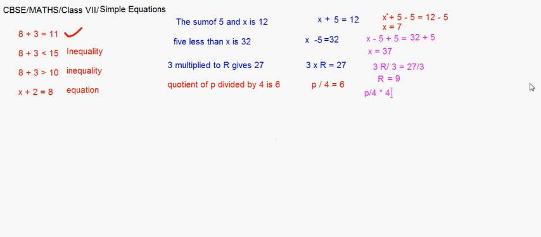Because p by 4 multiplied by 4 cancels the two 4's, leaving only p on the left hand side. On the right hand side also we do the same thing. We multiply by 4 on the right hand side, so 4 into 6 is 24.